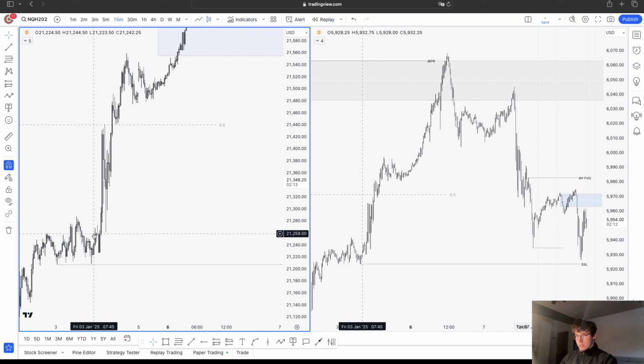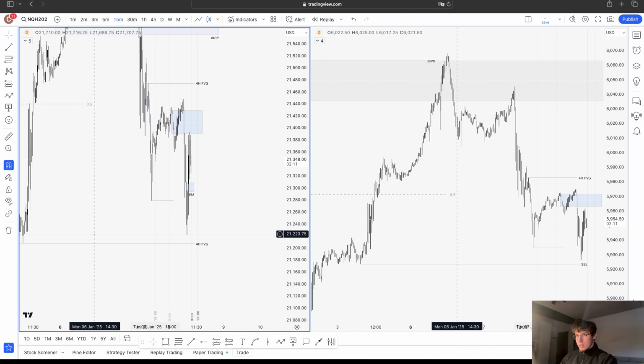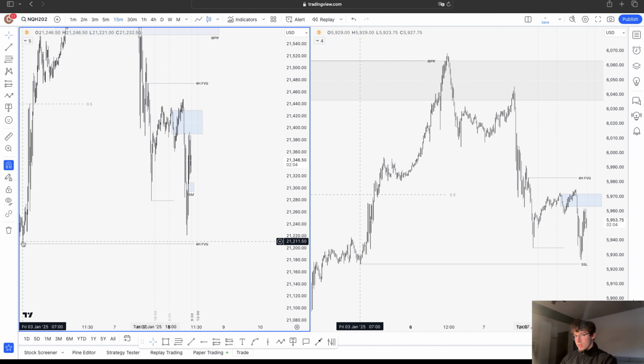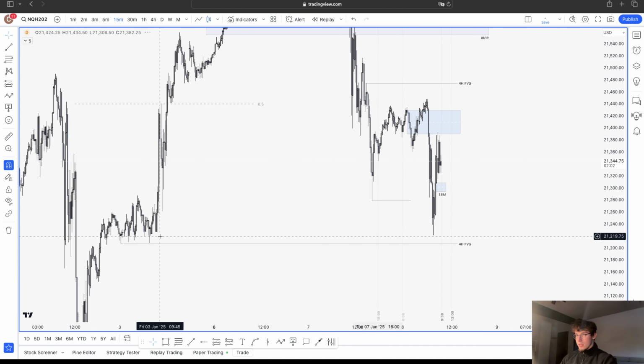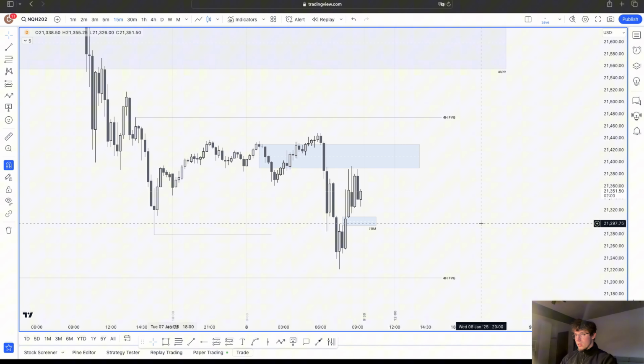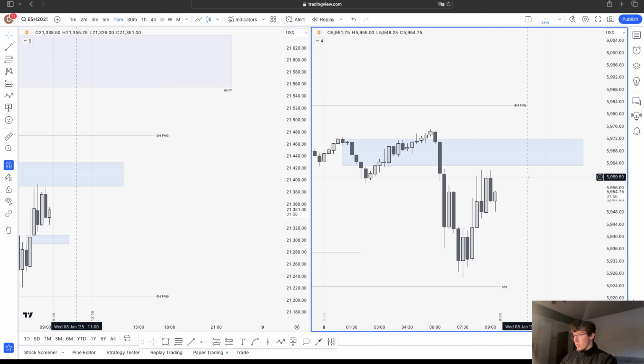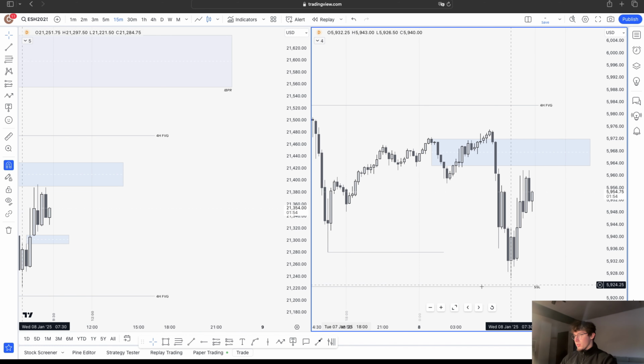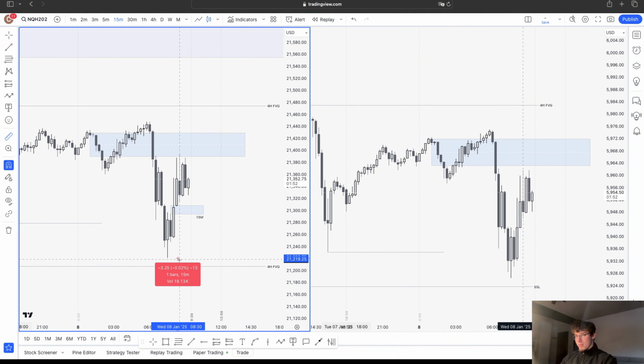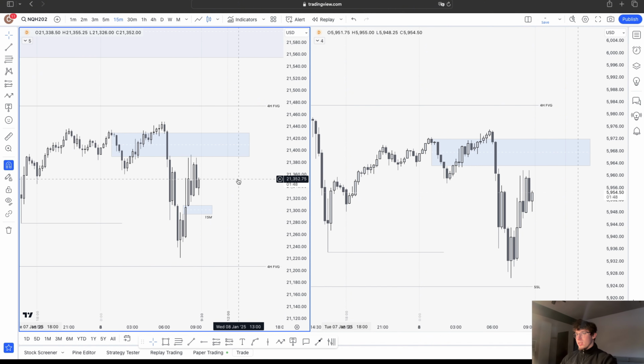Let me actually see if there maybe was anything. Not really. However, I'm not convinced about the sell side liquidity. Price was that close to it and didn't take it.